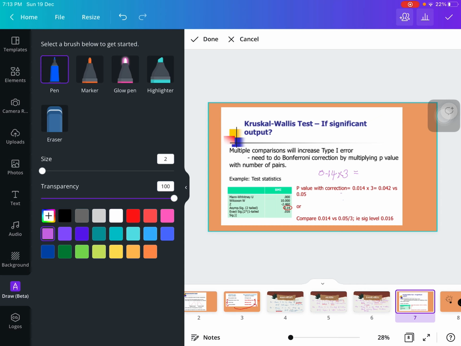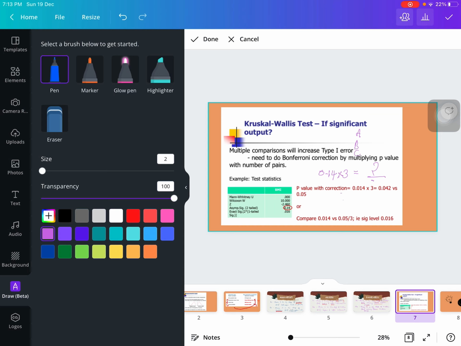For example, A, B, C, ada 3 kumpulan, so 0.14 times by 3. Okay, because it involves 3 groups, A, B and C. So you have to times it by 3. Okay, dan bila you dah dapat nilai tersebut, saya tak ada kalkulator pula dekat sini. So bila dapat nilai tersebut, you akan compare dengan 0.05. So kalau this nilai is less than 0.05, it means it has a significant difference. But if it is more than 0.05, it means there is no significant difference.